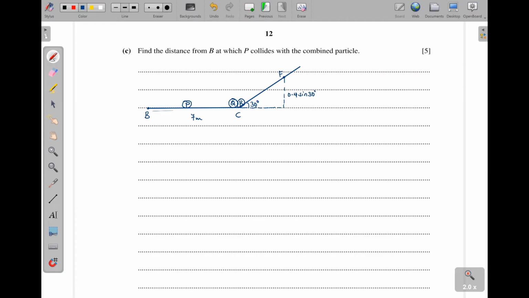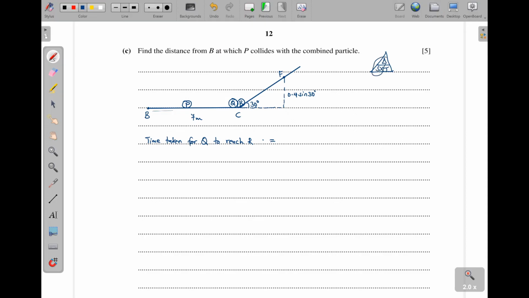Now, we have time taken for Q to reach R or to hit R. The time taken here, remember, when we use this one here, it is constant speed, okay? Speed times time, then there is distance here.